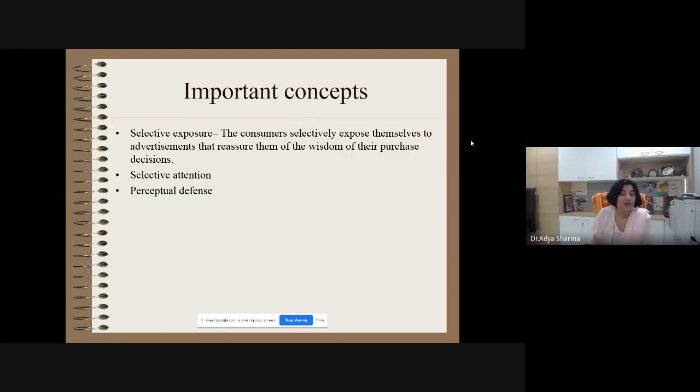Which means that please do not target the entire population for your communication, because you are wasting your time and effort, because consumers give selective attention. For example, there are people in this world who can afford to have their own planes and so on.